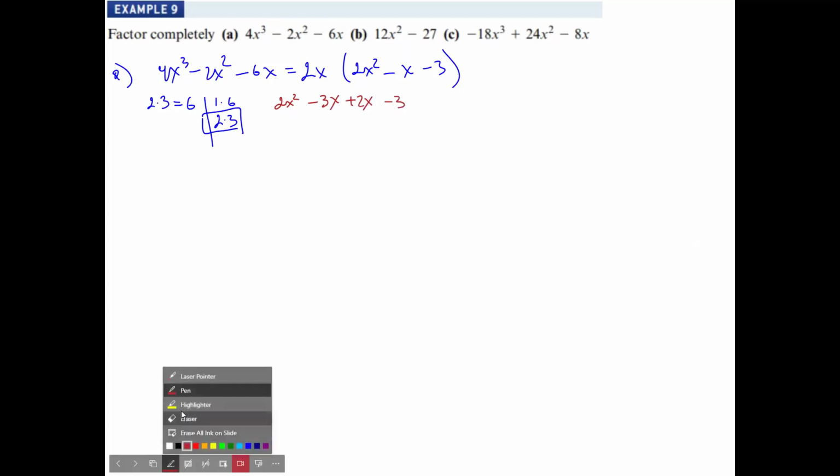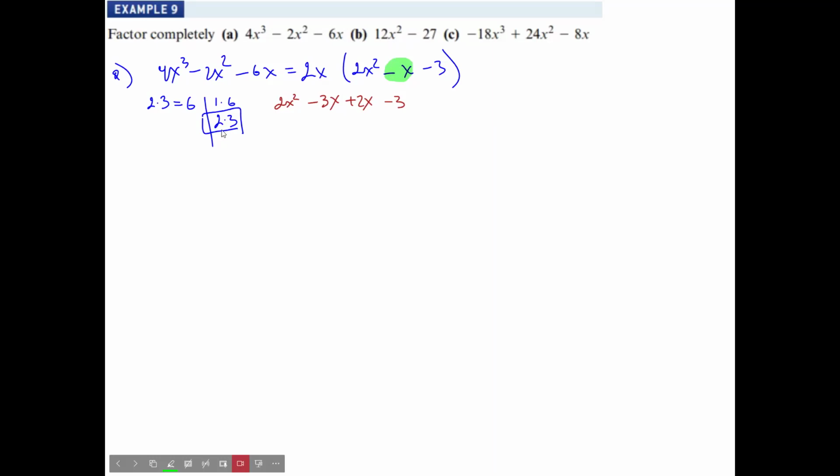So again, we don't need to learn all these rules, watching what is plus, what is minus, what goes first, second, third. What we need to do is examine this element. It's -1x, right?